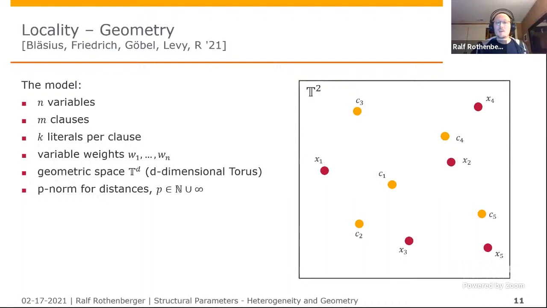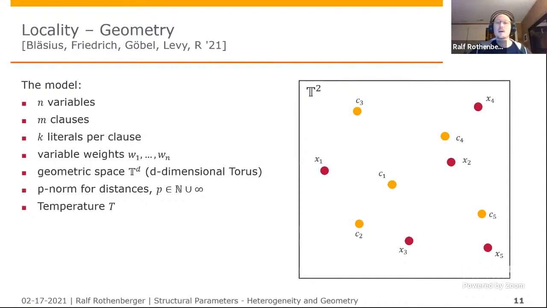So to have a measure of distances, we assume p norm with some p, which can be any natural number or infinity. And we also assume to have some temperature, which controls how many long-range edges or how many random edges you can have.